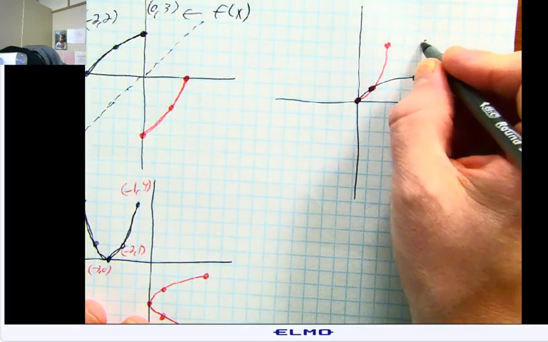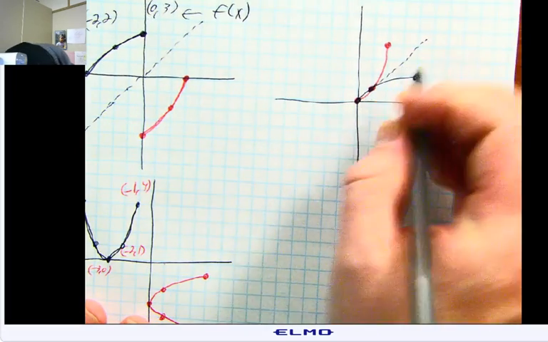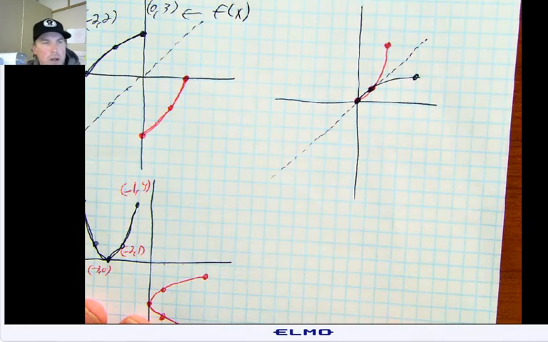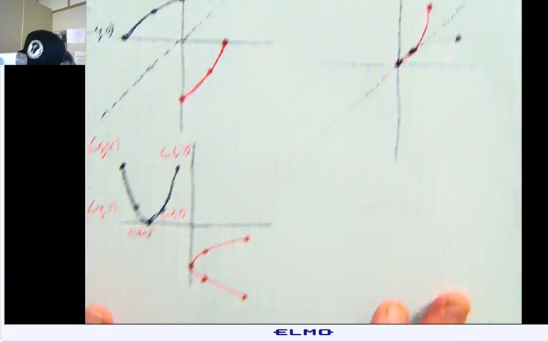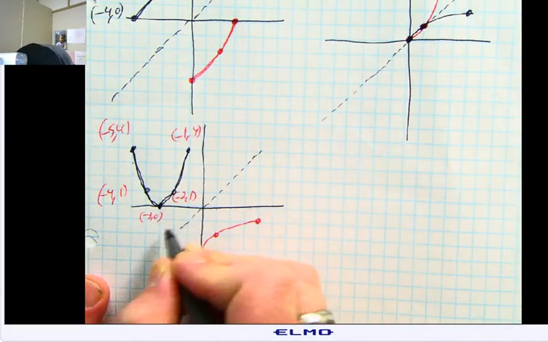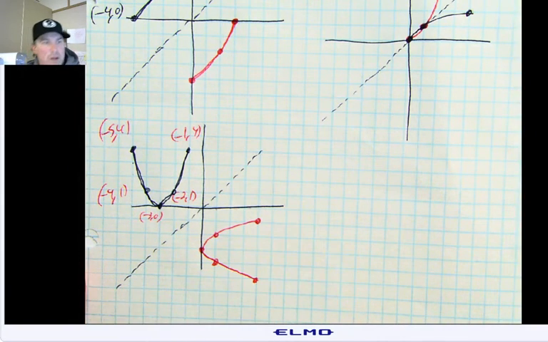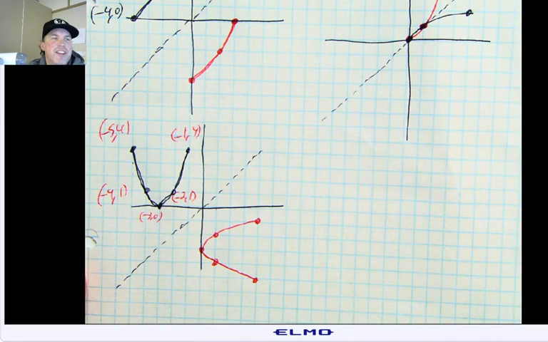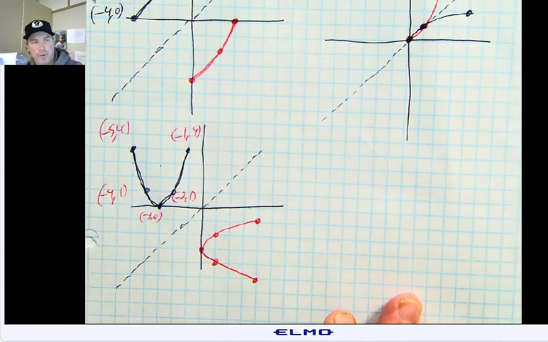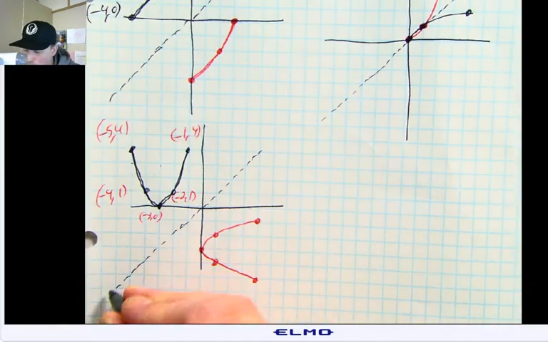What if I draw in this y equals x on this graph? Noticing anything interesting? What about this last one, if I drew in y equals x? Well, hopefully what you're noticing is that these two graphs are a reflection of each other over the line y equals x.